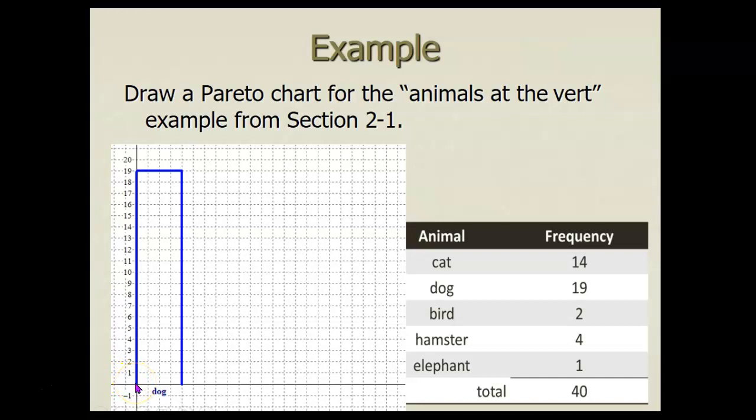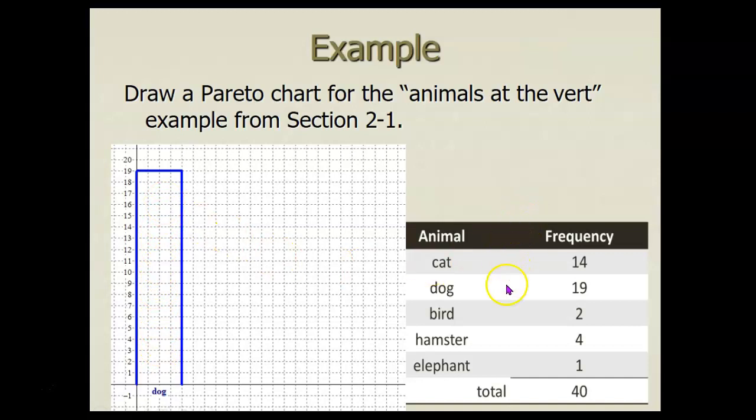So there should be the same amount of space from the bottom line, the horizontal axis, up to 1, as there is from 1 to 2, 2 to 3, 3 to 4, and so on. So this bar really is 19 squares tall on the graph paper.